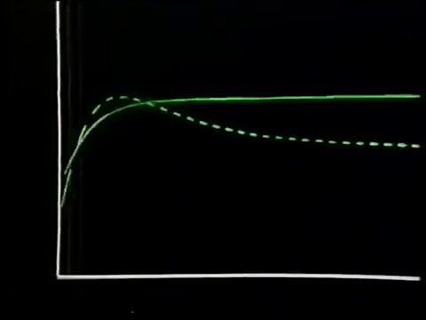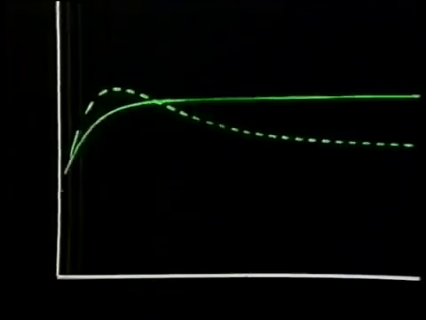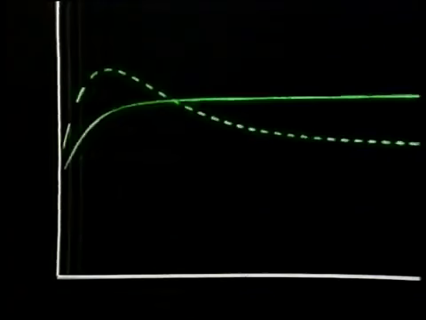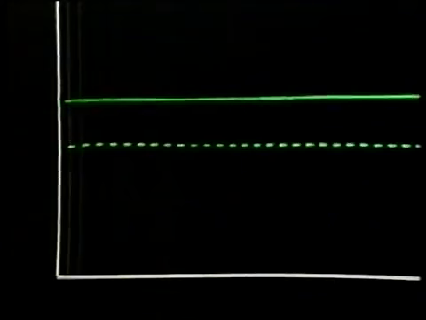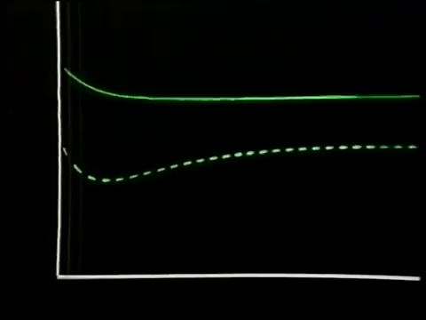If we alter first the initial concentration of oxygen, and then the initial amount of pollutant, you see that neither of them affects the steady state values.